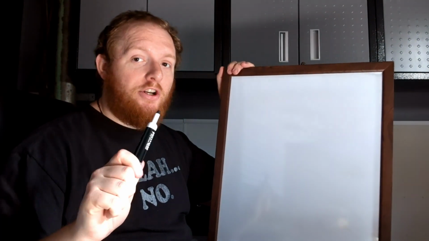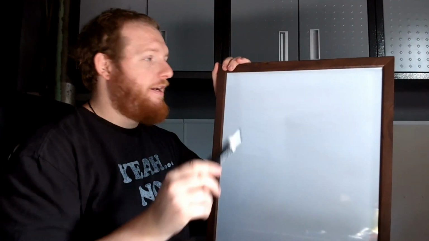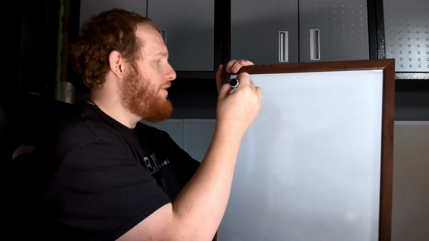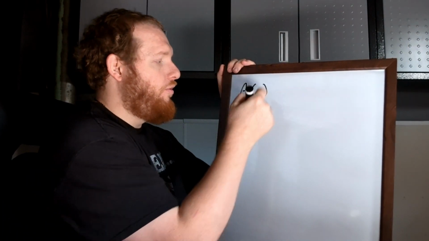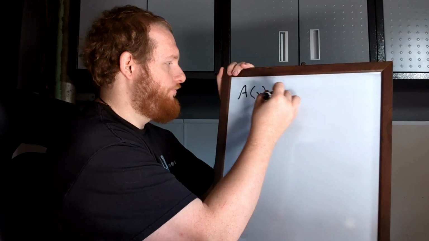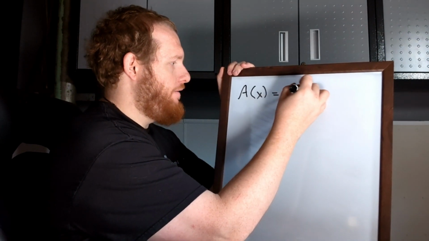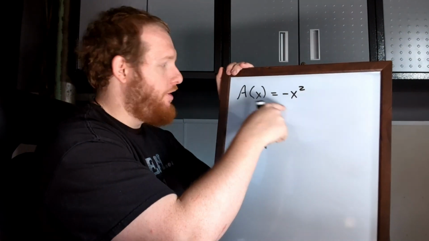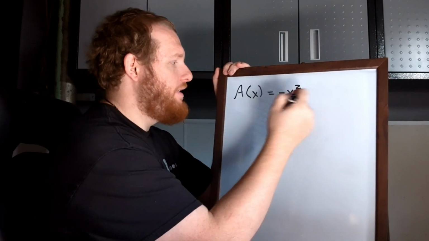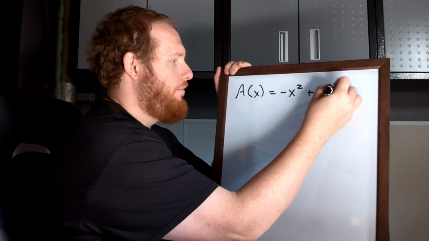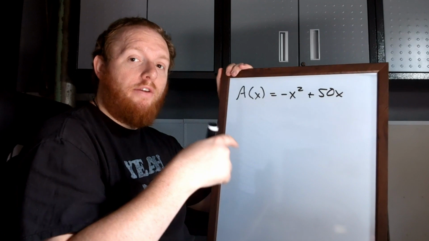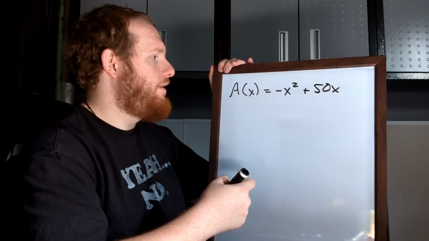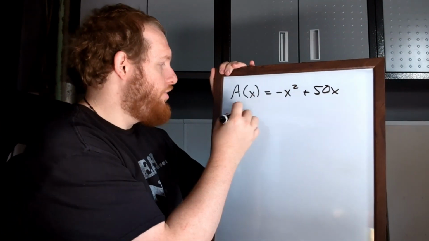A much fancier non-algebraic way to find the maximum of our A of x would be to bring in calculus. So we had found that our expression for the area enclosed by our fence was negative x squared plus 50x. If you're familiar with a little bit of calculus, then you can easily take this derivative.